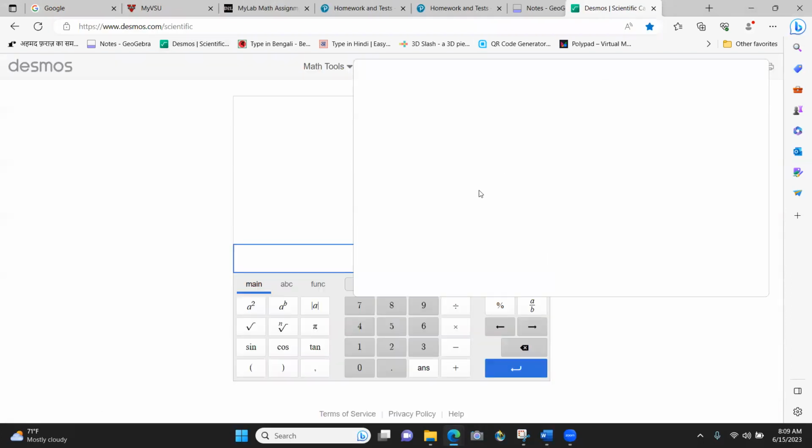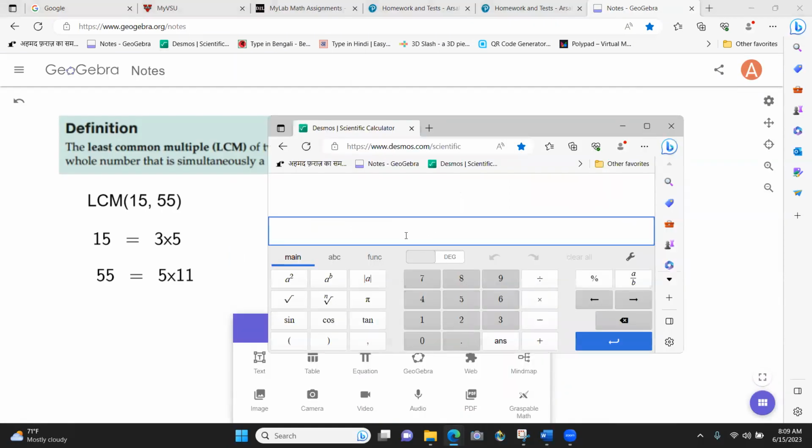All right, guys. So 165 is what I got, okay? Using that method, 165. Is it divisible by 15? Yes. And is 165 divisible by 55? Yes. So we're good. So that's correct.